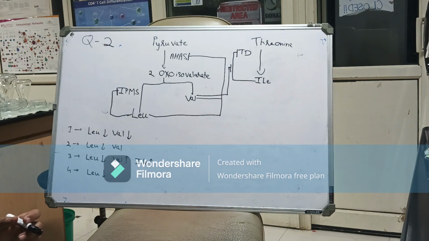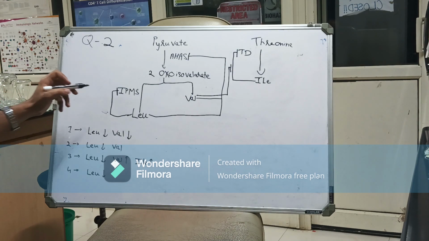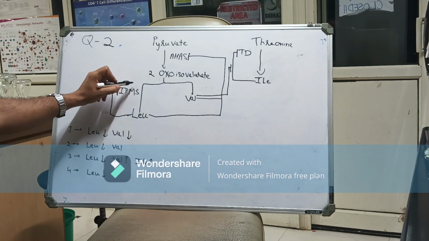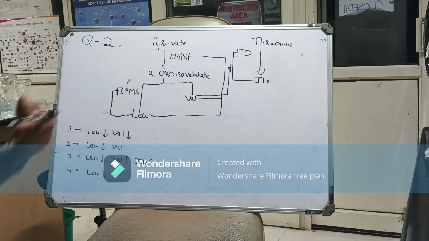Now isoleucine is synthesized from threonine, and it also shows feedback inhibition. Valine can reduce this feedback inhibition from isoleucine. So this is the basic process. Now the question is, if we knock down this particular enzyme, what will be the effect?